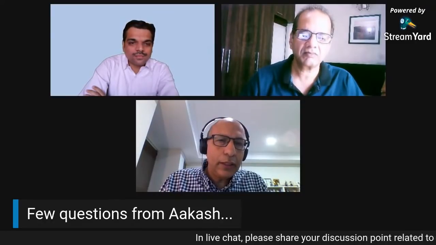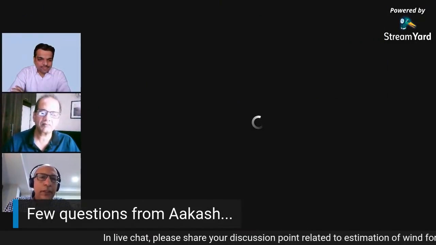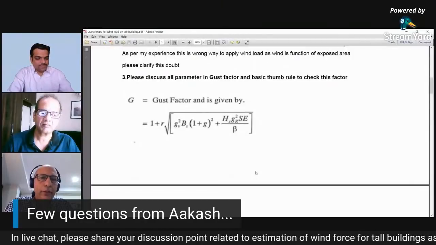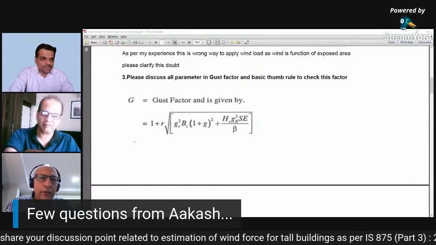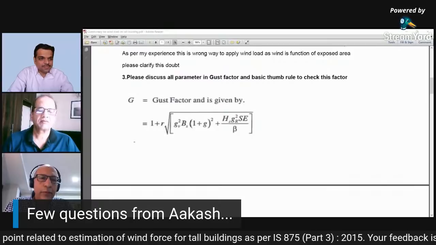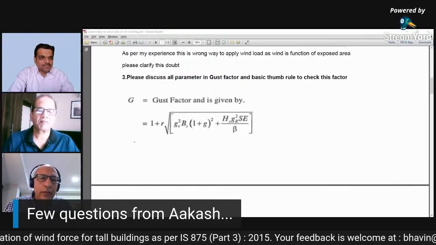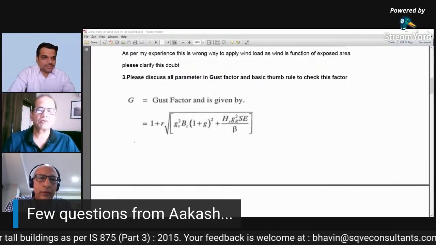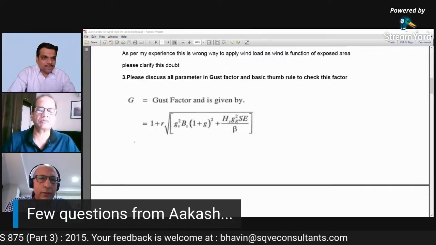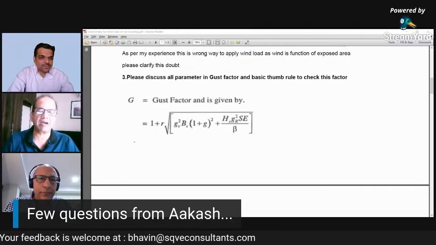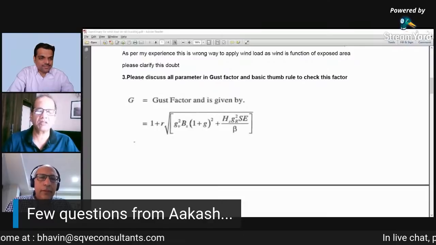Yeah, so the area underneath those last curves, by the way, that Dr. Gupta showed, are actually equal to the variance of the response. Okay, so it's the sigma squared. So one is the static part, plus the second and third terms. Second is background response, and third is resonant response.